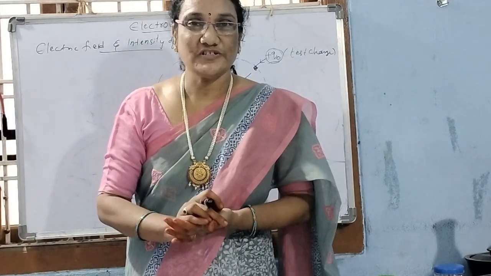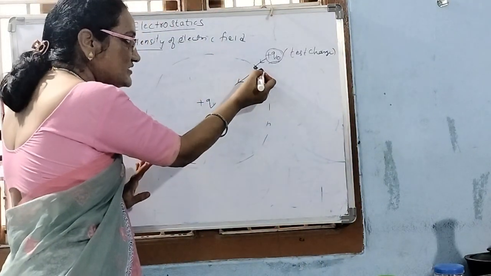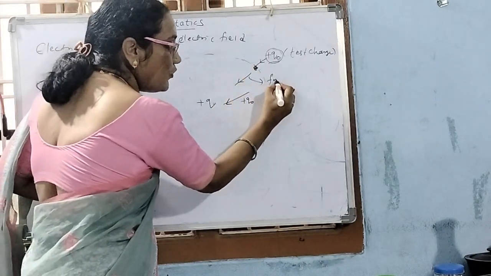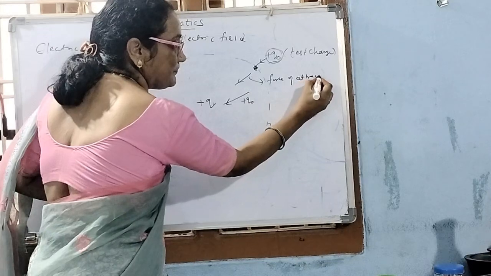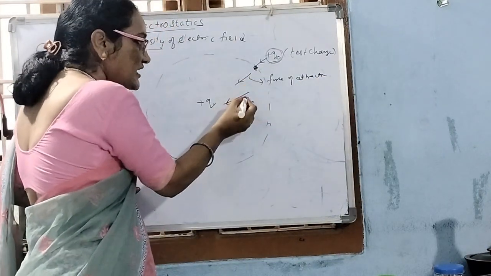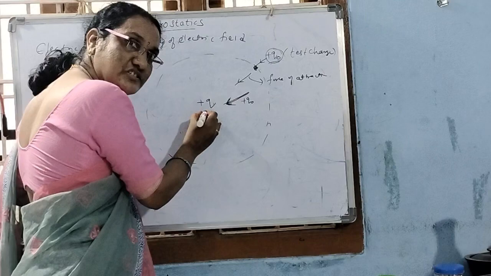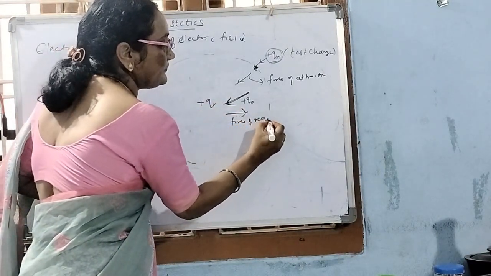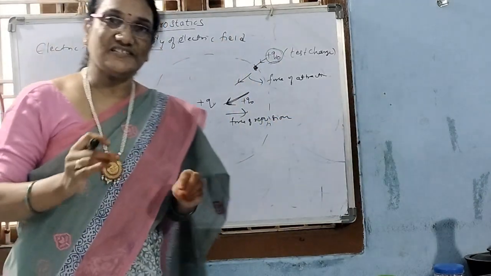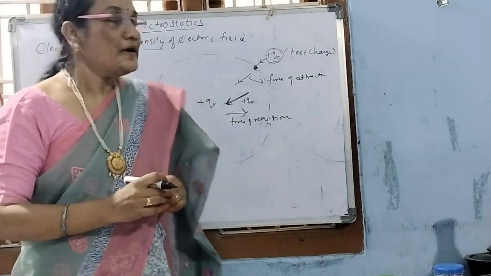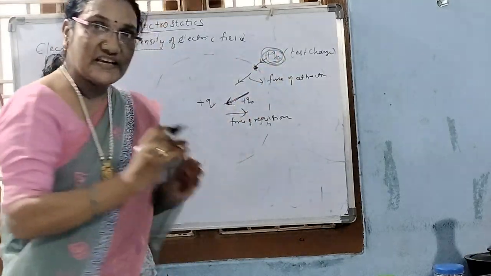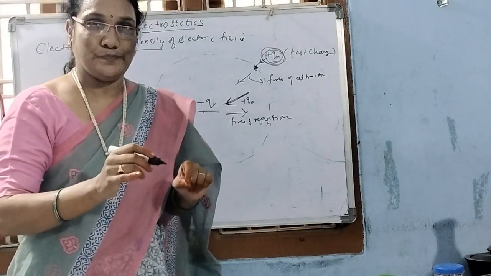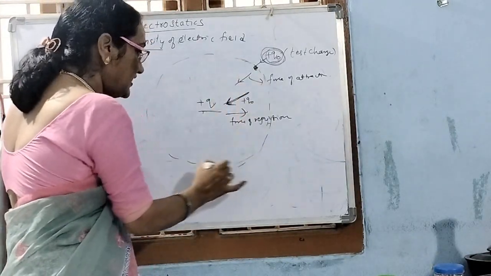What will that force be? First, the charge comes towards the positive charge, which means there will be a force of attraction between them. Now, as this charge comes closer and closer, force of repulsion starts acting. So in total, this charge is experiencing a certain force due to the positive charge Q in this particular region.